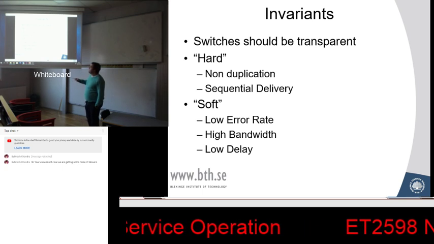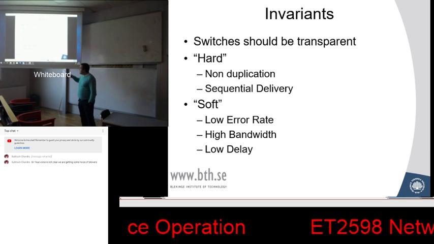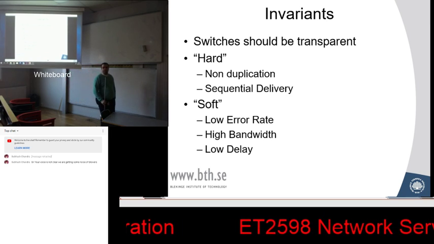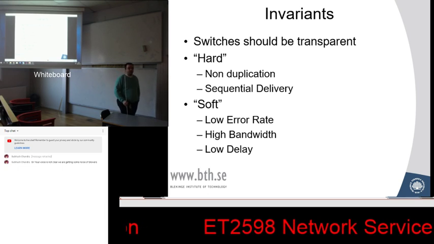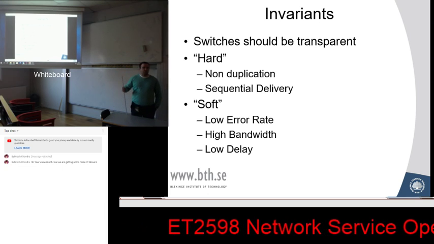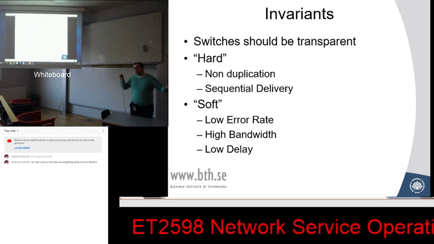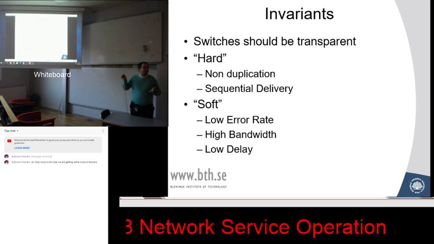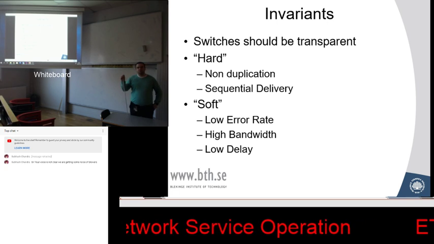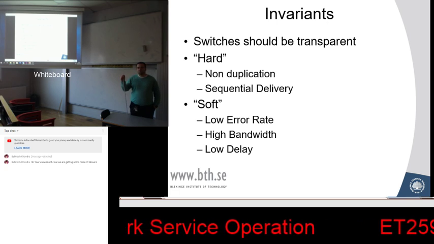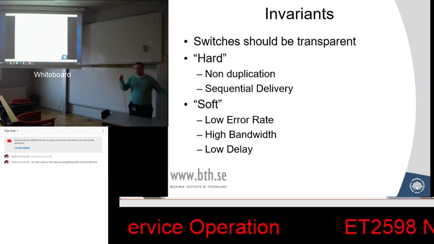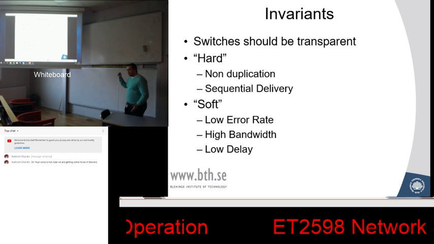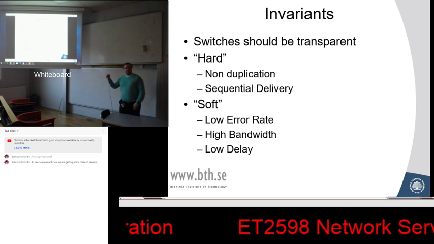Now, the hard invariants here. We may not duplicate frames. Never, ever duplicate a frame. So what does that mean? If we receive a frame, we can send one copy of that frame, but we should not send two copies of it.